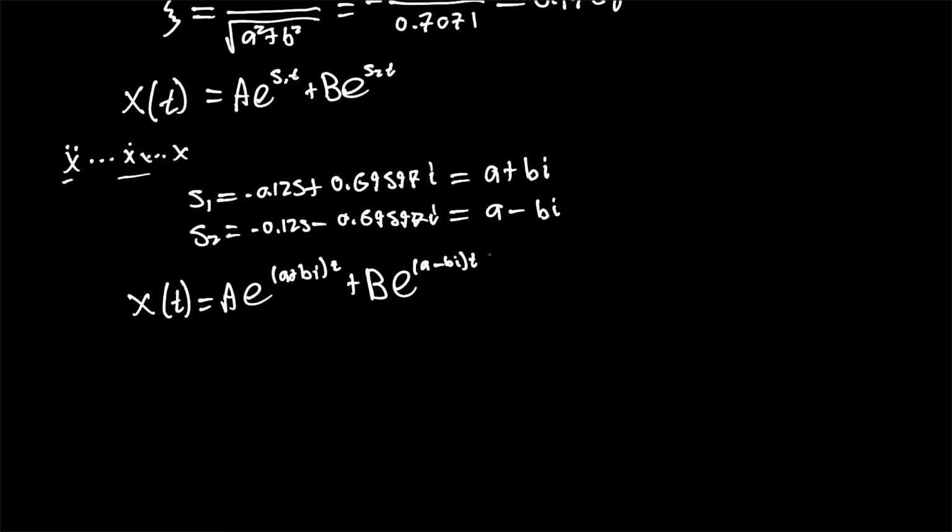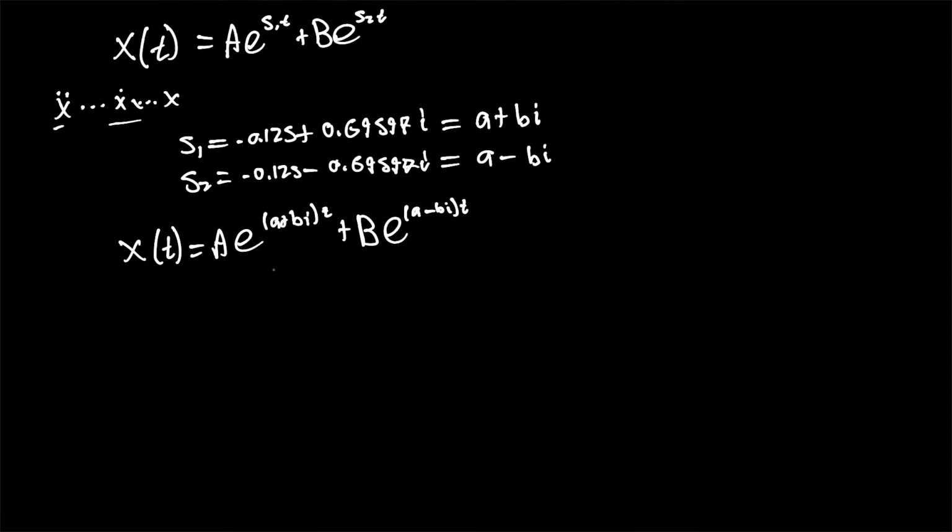And when we go to expand this from our complex variables, we know that e to the i is going to be cos 1 plus i sine 1. But since we have this i multiplied by b, it's going to be cos b plus i sine b.